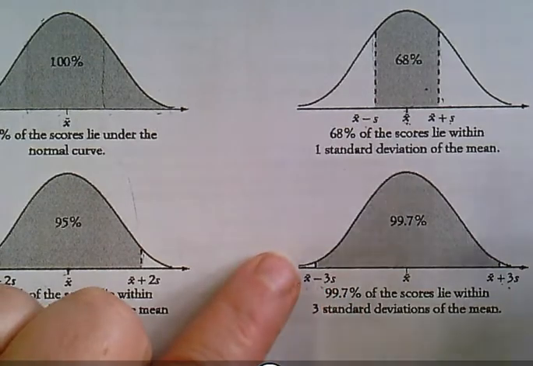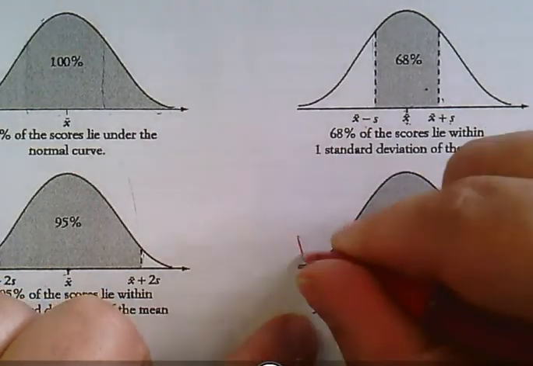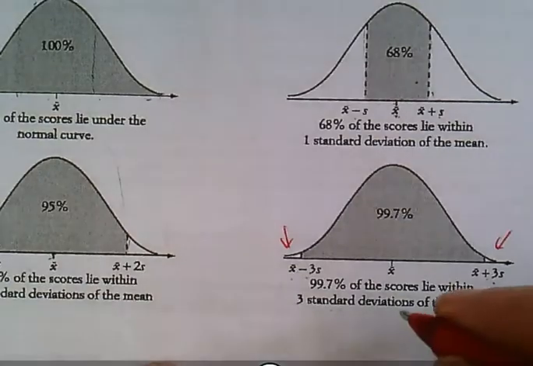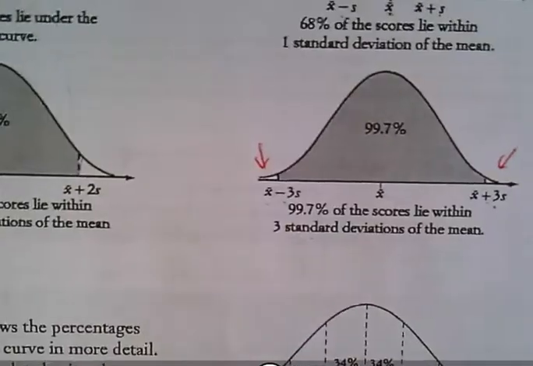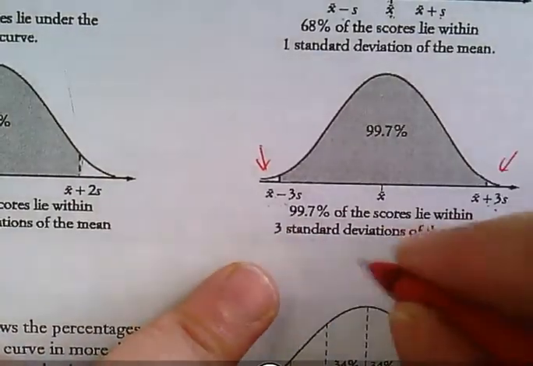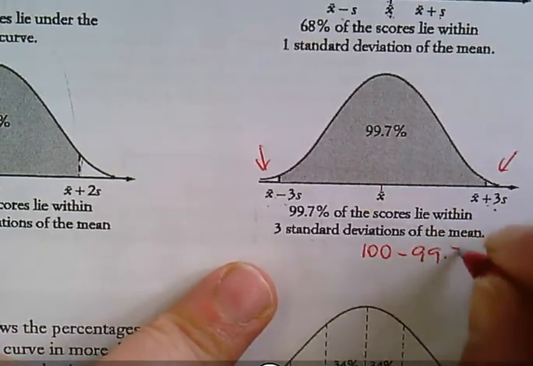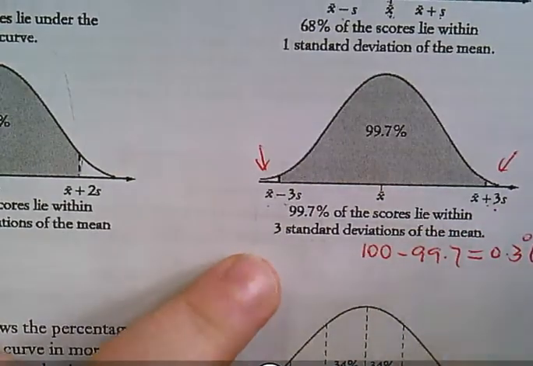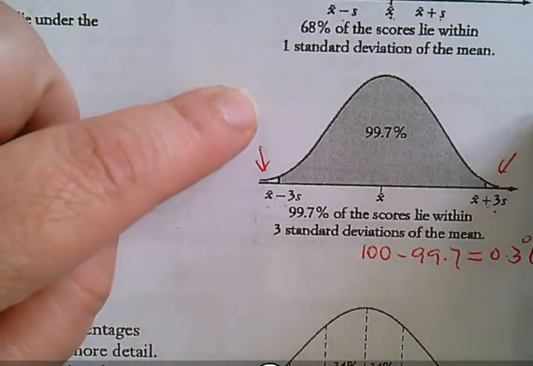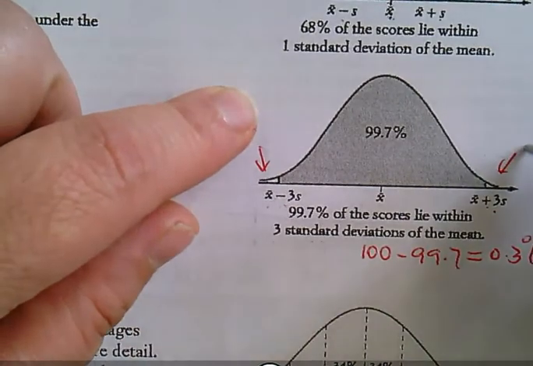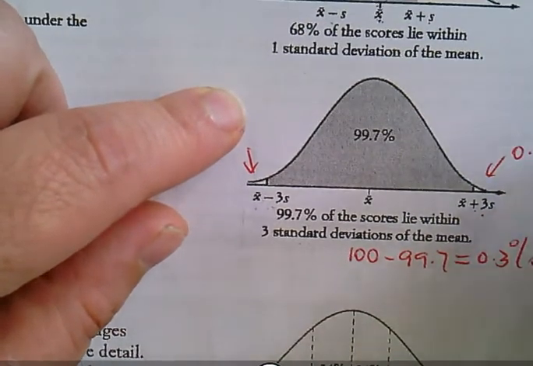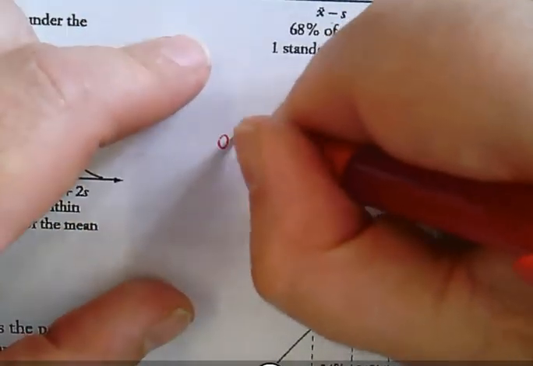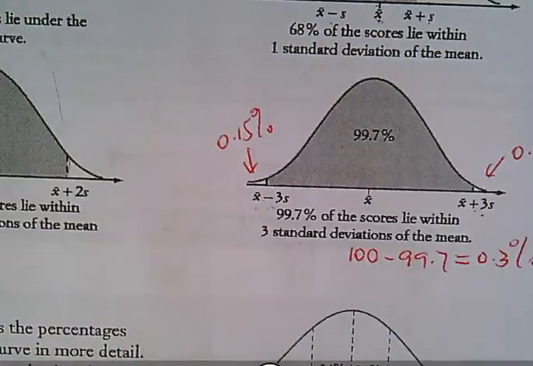There still is 0.3% between there and there left over, 0.3%. Do you know where that 0.3 is coming from? Because it's 100 minus 99.7, which is 0.3%. Now, if that 0.3% is shared between the left-hand side and the right-hand side, that's 0.15% there. That's not accounted for. And 0.15% there, not accounted for.